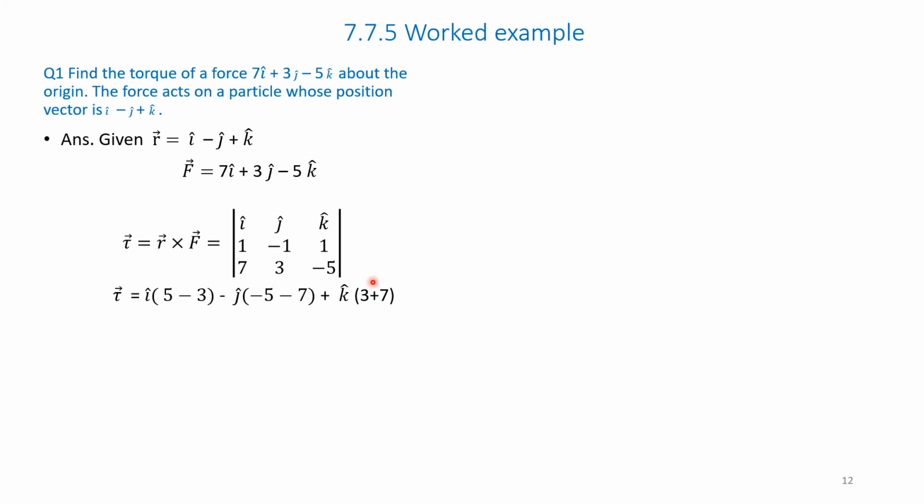Using the knowledge of determinants and solving, we get torque tau is equal to 2i plus 12j plus 10k. That is the answer.